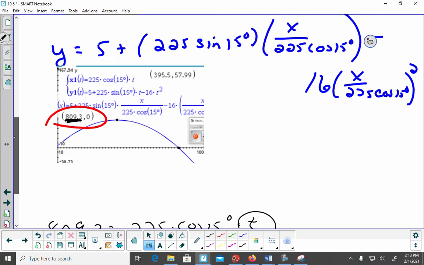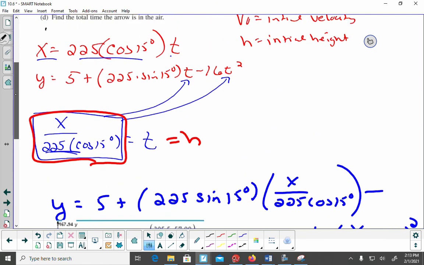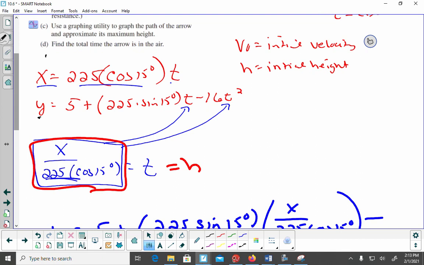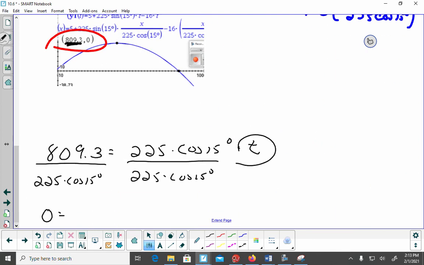The more difficult way, but still totally doable, is when I want my height to be 0. So I want this y to be 0. So I could do 0 is equal to, and I'm going to put in descending order of exponents because that's the way my brain works, negative 16t squared plus 225 times the sine of 15 degrees t plus 5.